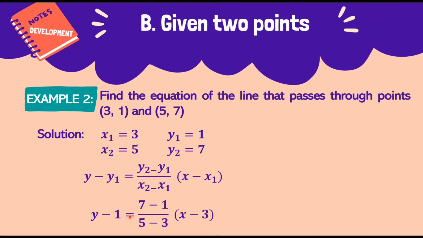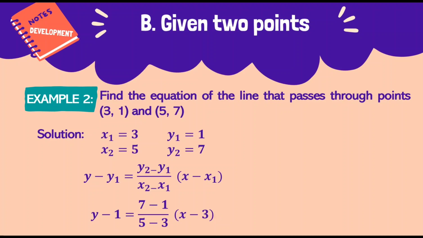And then is equal to y sub 2 is 7. Ayan, 7 na. And then copy our operation minus y sub 1 is 1 also. So we have 1. And then all over, our x sub 2 is 5. So let us write 5. And then copy the operation. We have minus. And then our x sub 1 is 3. So that is 3. And then times x minus 3.